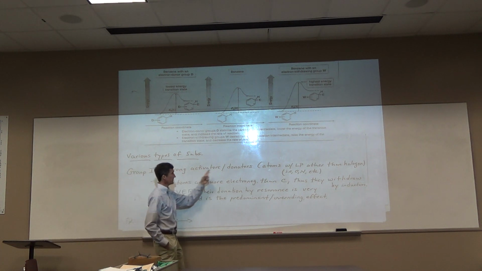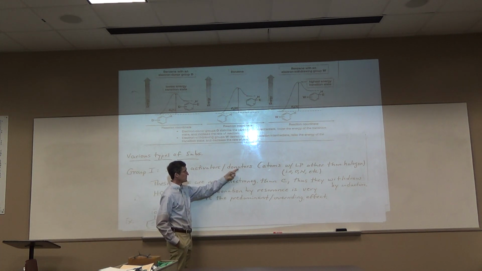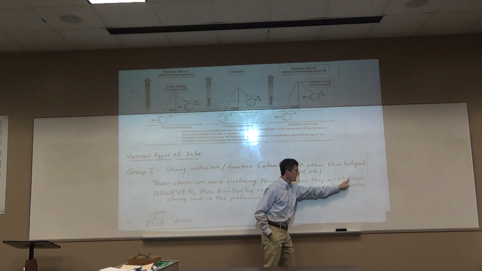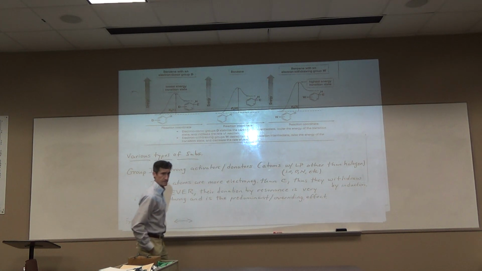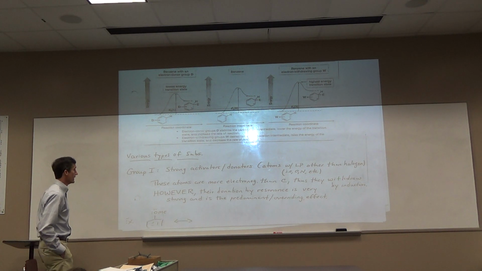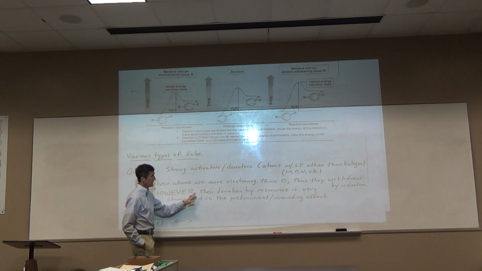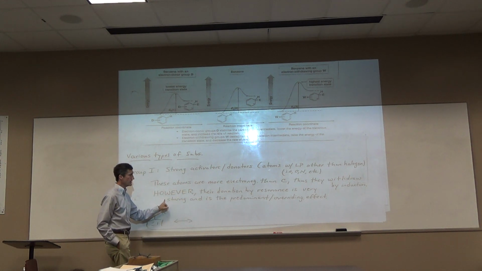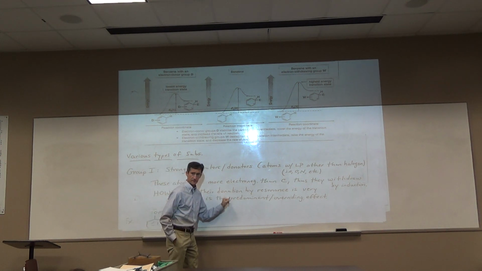Why am I calling them a strong donator, though? Since it's a strong donator, it is a strong activator. It makes the ring more active towards EAS. That's what that means. More reactive. Why? Because it's a strong donator. But I just told you it's a withdrawer. Well, that's by induction. However, their donation by resonance is very strong and is the predominant effect.